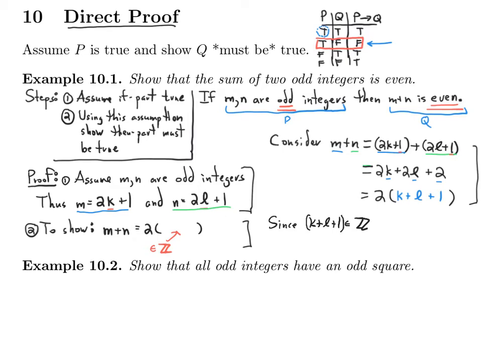Since that's an integer, then I know that m plus n is even. I've written m plus n as 2 times some integer.